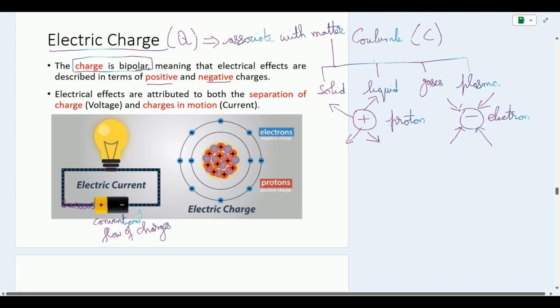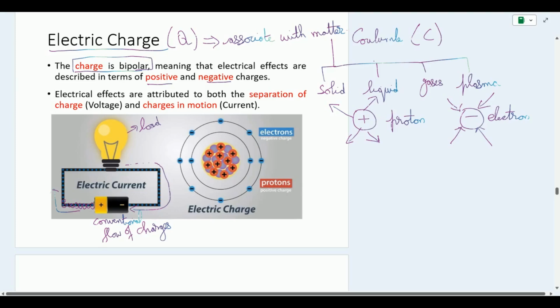The moment these charges start to flow from the positive side of the battery, they enter our load, in this case an electric bulb, and then the remaining charges move towards the negative side of the battery to complete the circuit. So whenever the charges are in motion, it generates electricity, and we are going to talk about this generation of electric current in the next section.